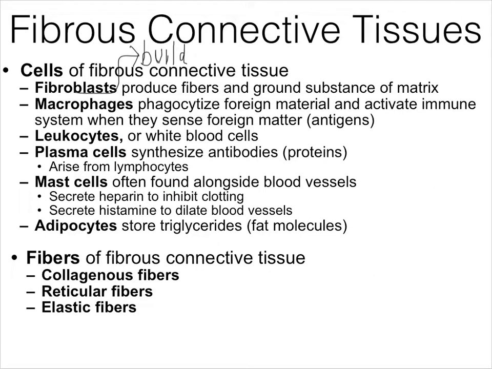Mast cells are also sort of part of your immune system. Mast cells you can think of as your body's alarm system. They're often found next to blood vessels, and they're found next to your body's barriers in mucous membranes and underneath your skin.